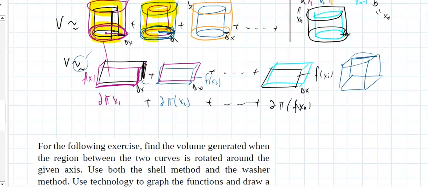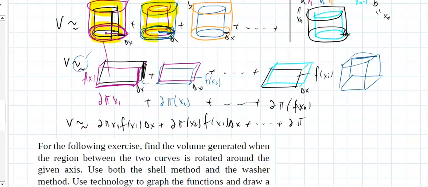So I could say, wait a minute, the volume is roughly length times width times height. So that is 2 pi x sub 1 f of x sub 1 delta x sub 1 if you want, but it doesn't matter because they're all the same. 2 pi x sub 2 f of x sub 2 delta x plus, and the very last piece, 2 pi x sub n f of x sub n delta x.